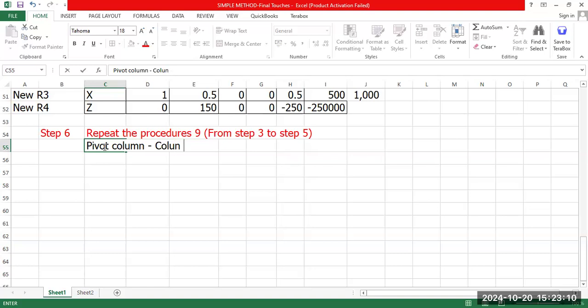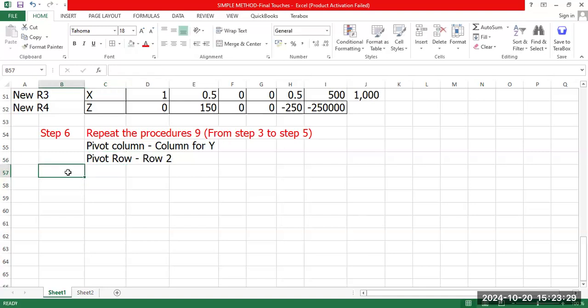Column 4y. Then pivot row is row what? Row 2, row 3, row 2. In an exam. Then next row operation.